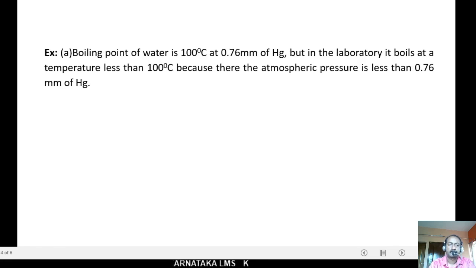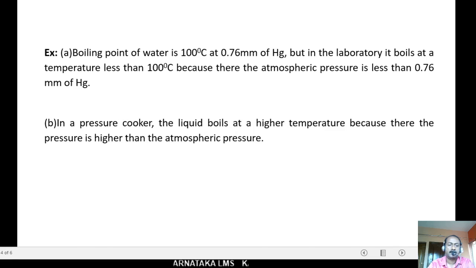For example, boiling point of water is 100 degrees Celsius at 0.76 meter of mercury pressure, but in the laboratory it boils at a temperature less than 100 degrees Celsius, nearly about 99 degrees Celsius, because there the atmospheric pressure is lesser than 0.76 meter of mercury pressure in the laboratory.